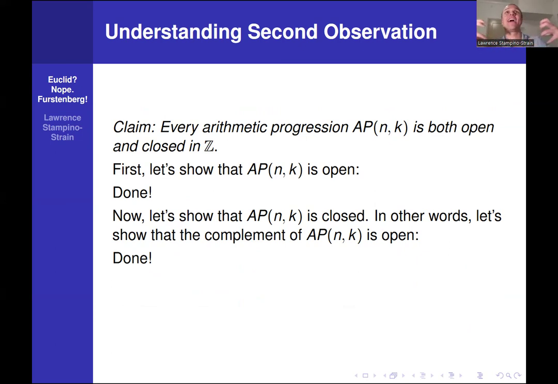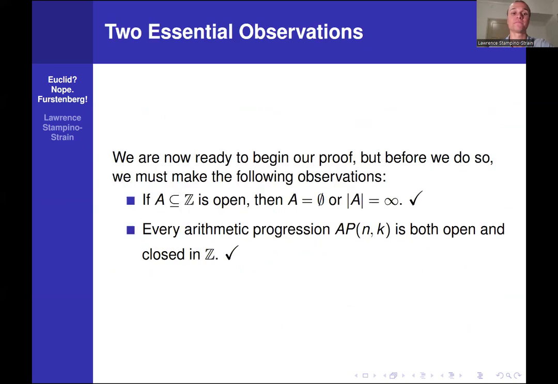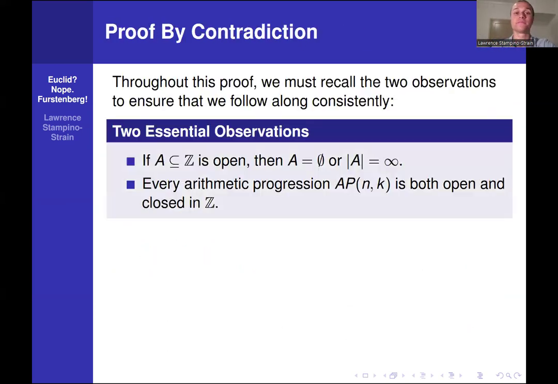Now, when we consider topologies, it's definitely a mouthful and kind of a lot to digest. But definitely take a moment to think about this and understand that AP_{n,k} is both open and closed in Z under our topology. Thus, we have successfully shown that our second observation holds true. So we can put a little check mark right next to that and move forward.